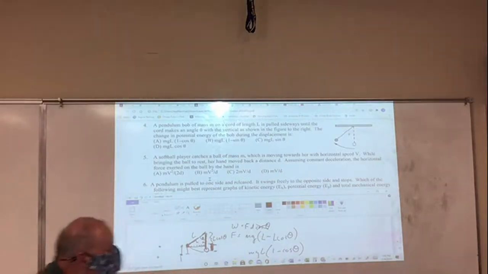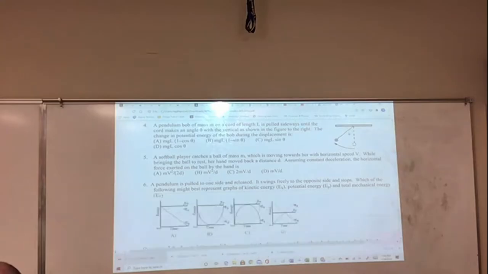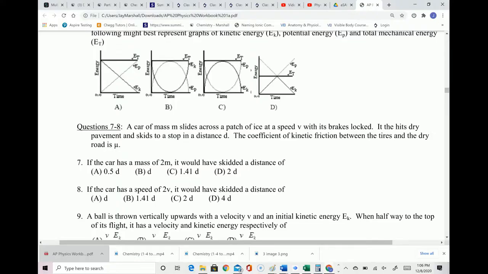what relationship is going to help us figure this out? What theorem is going to help us figure this out? What did we call the theorem that explains the relationship between work and kinetic energy?